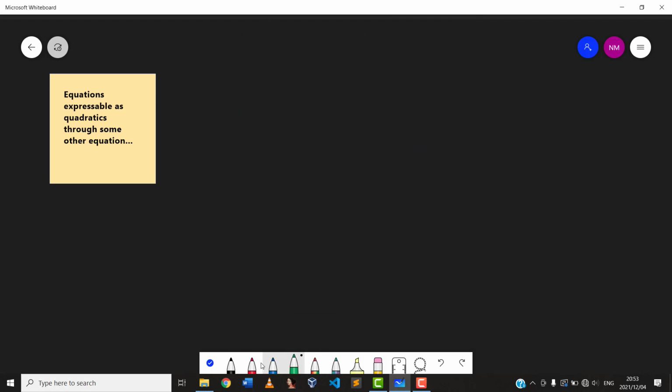So sometimes you're going to see some weird equations that look really quadratic, like for example, x to the 4 minus 4x squared minus 21. Although it's not what we are familiar with.